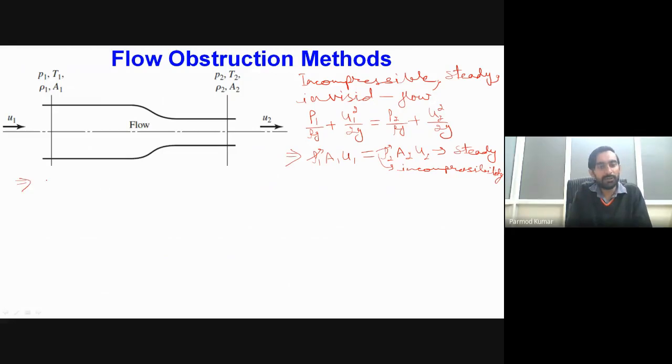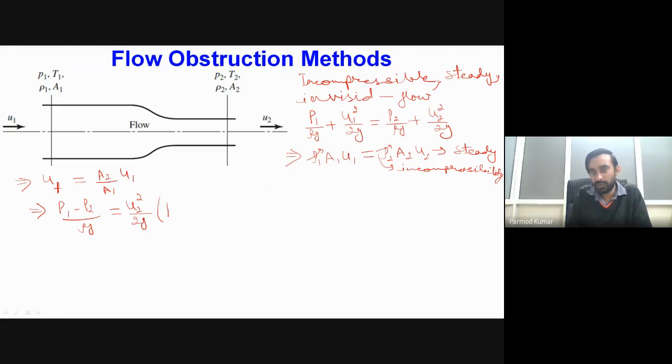From this formulation, I can relate the value of U1 in terms of U2 only. So I can write U1 is equal to A2 by A1 times U2. Now if I replace this value of U1, finally I get P1 minus P2 divided by rho g equal to U2 square divided by 2g, and this U2 square by 2g will be common.